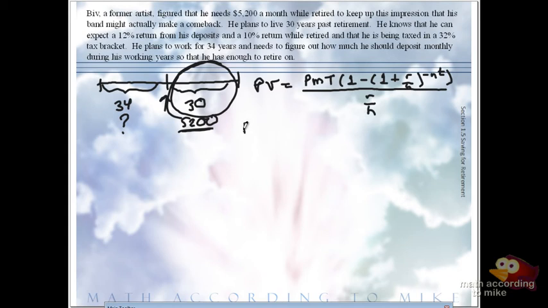So for our problem, our PMT is 5,200. Notice that he's expecting 10% while retired, so 0.10.